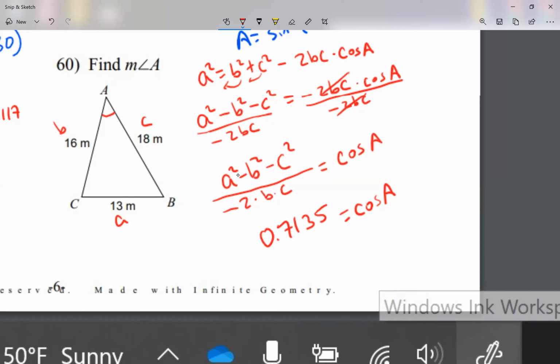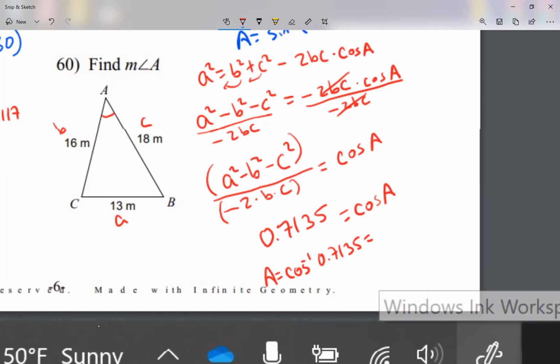So 0.7135 is equal to cosine A. So I just did a squared minus b squared minus c squared divided by a negative 2 times b times c. Notice how when I typed it in, I pressed equal first. Then when I divided, I used parentheses for the bottom. Now for angle A, I'm going to say it's cosine inverse of 0.7135.